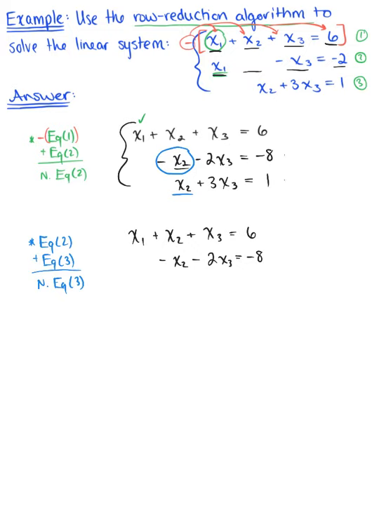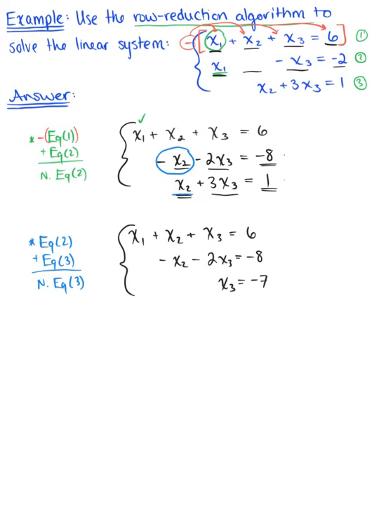So we have minus x sub 2 plus x sub 2, which gives us 0. We have minus 2x sub 3 plus 3x sub 3, which leaves us with x sub 3. And last but not least, we have minus 8 plus 1, which is equal to -7. So this is our new equivalent reduced system.